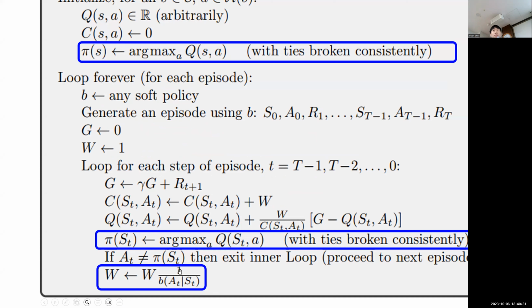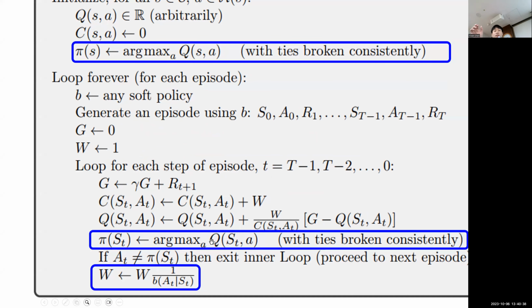That's why we put 1 here, because we are updating the policy based on the argmax, greedily updating the policy. Once we update the policy and select the best action, pi has been fixed deterministically at this state. That's why we just put 1 here. There's no need to put pi. This is the reason we put 1 here.